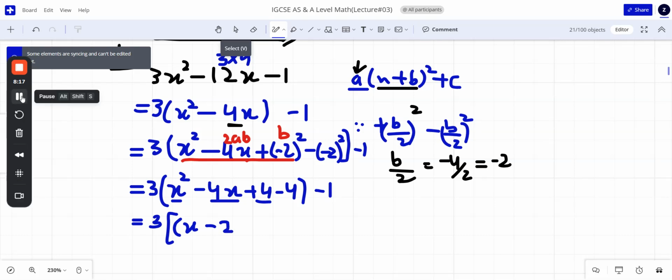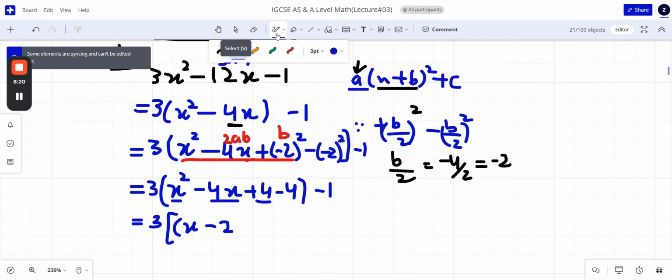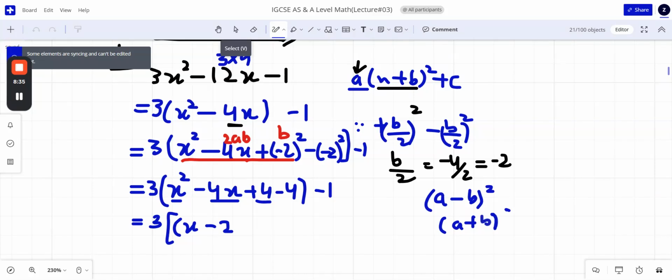If we have minus 2ab, the completing square is (a minus b) whole square; if we have plus 2ab, with a positive sign, it is (a plus b) whole square. So here it is (x minus 2) whole square. The first three values form the completing square, and the next value stays the same, then minus 1.